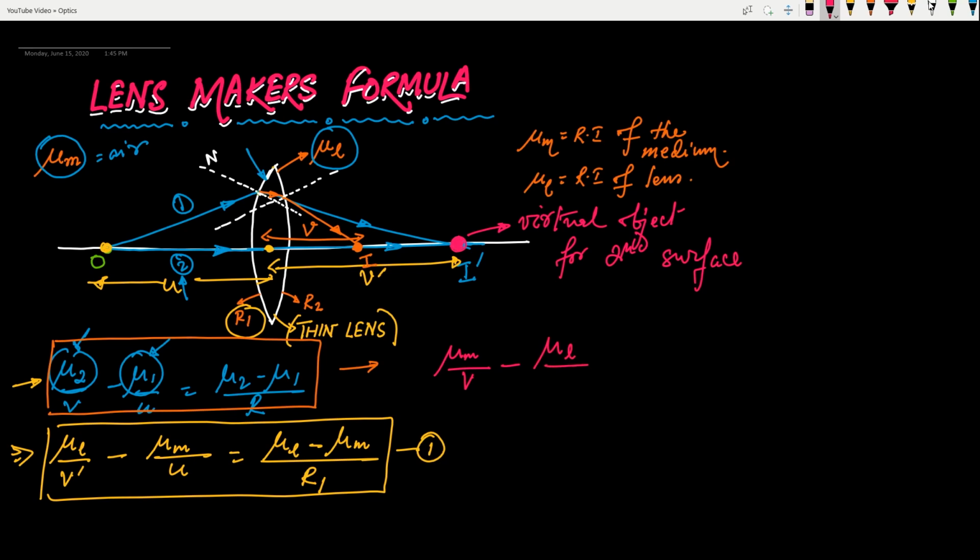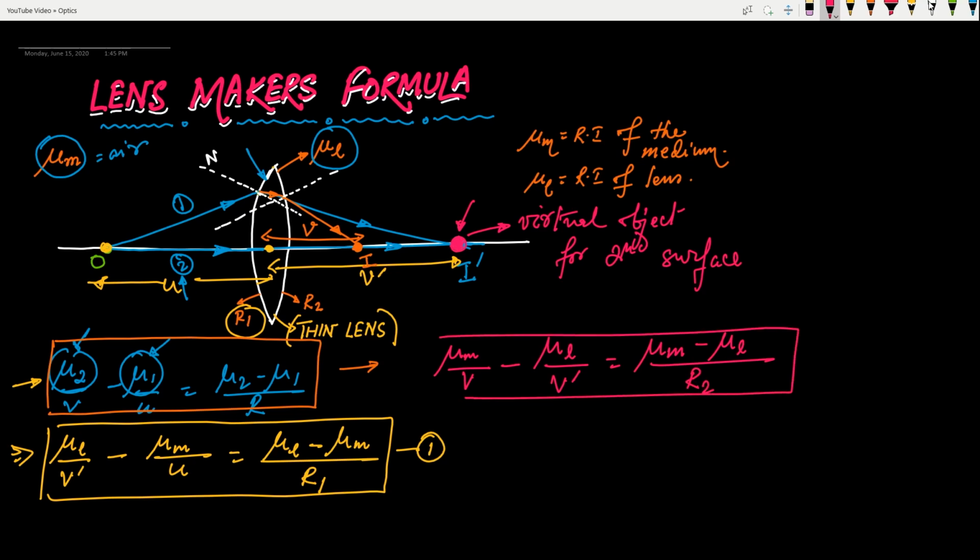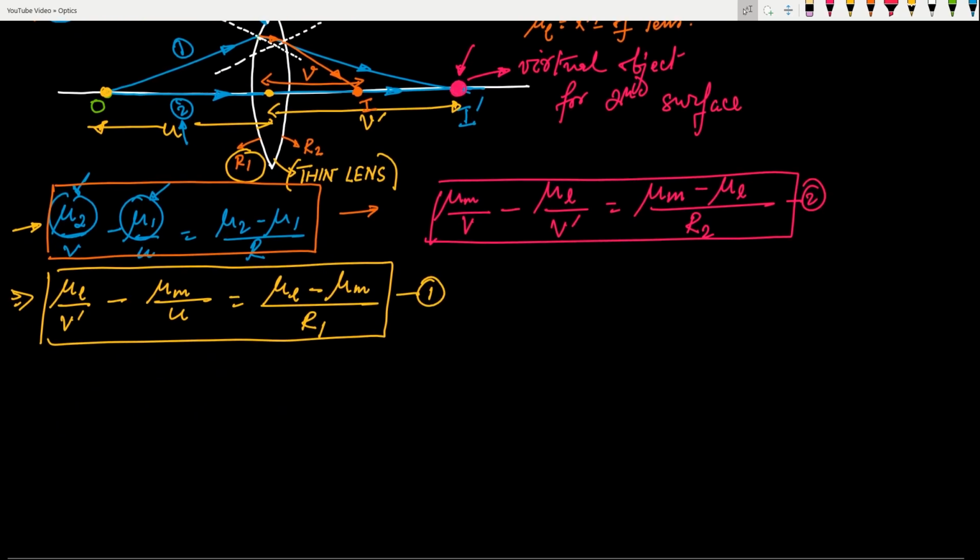The object distance here is the virtual object distance, this one, that is V dash, equal to mu2 which is mu m minus mu1 which is mu l divided by the radius of curvature for the second surface. So this is our second equation. I hope this much is clear. Now everything is easy from here. The physics is done; now it's all about mathematics.